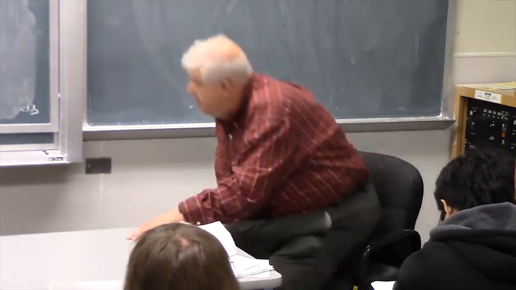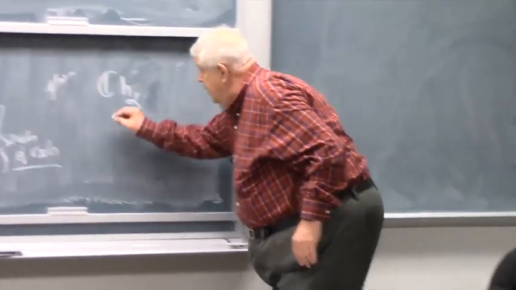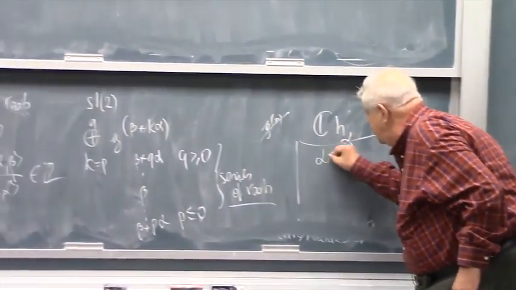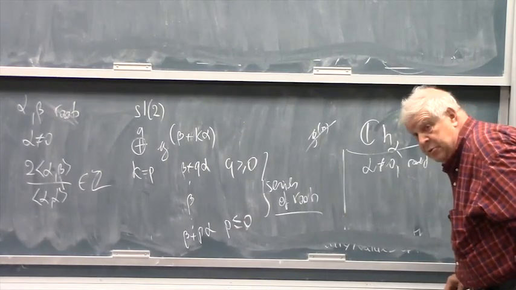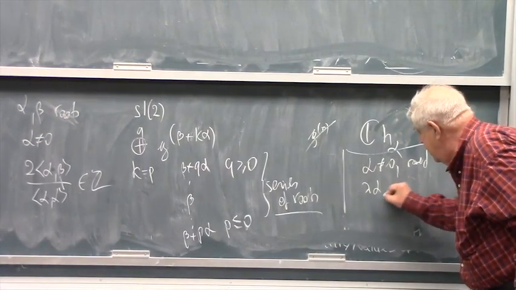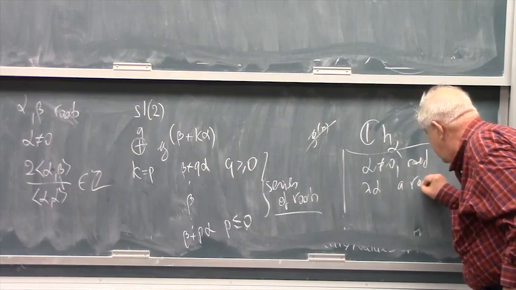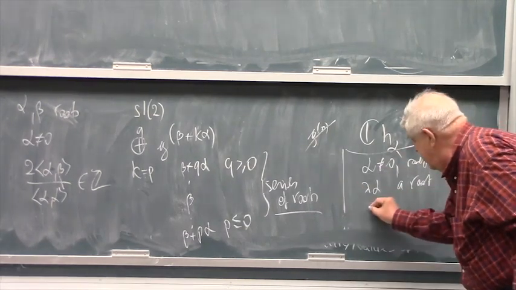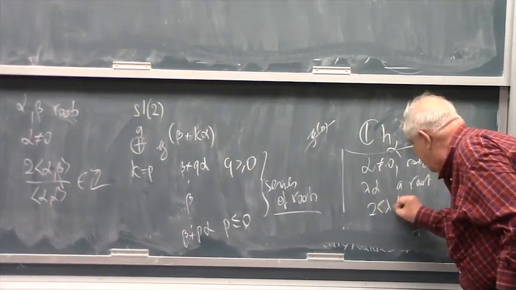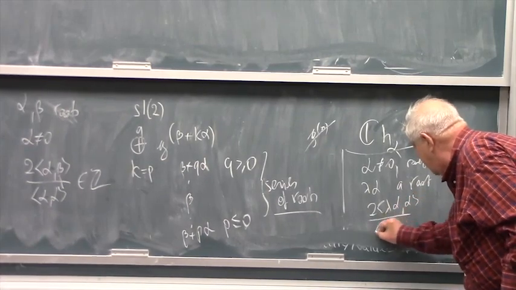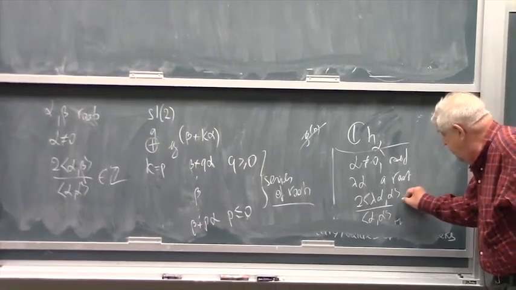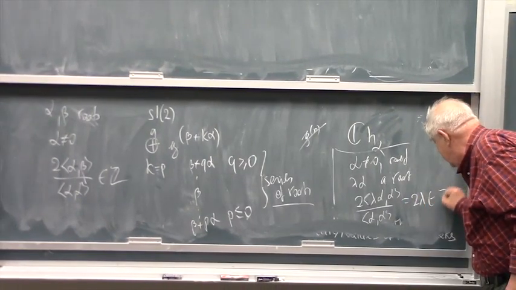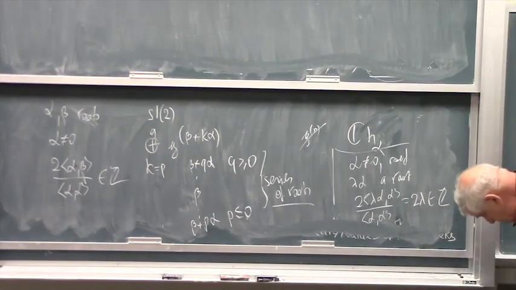Now look, if alpha is a non-zero root, and lambda alpha is also a root, then 2 (lambda alpha, alpha) divided by (alpha, alpha), and this is not 0, we know this, which is 2 lambda, is an integer.